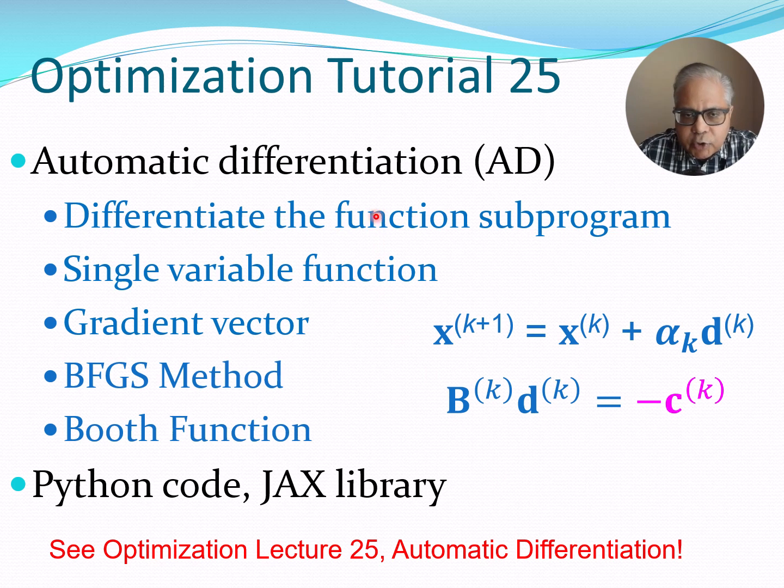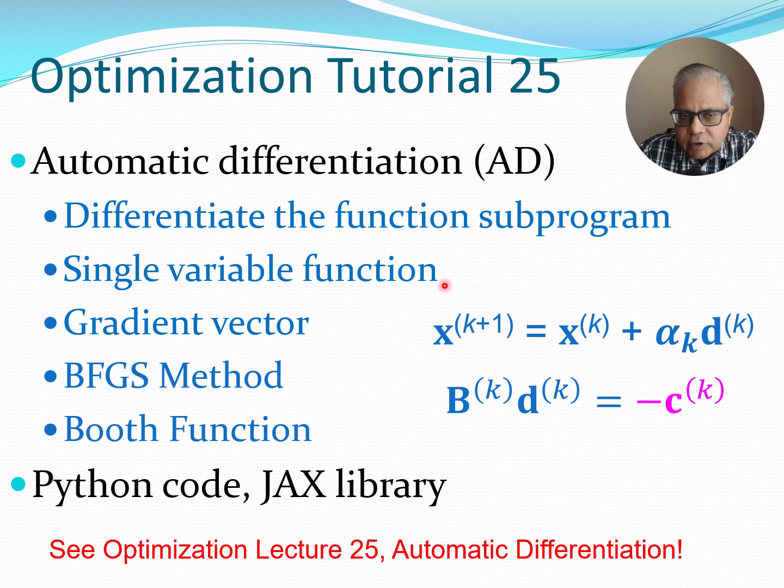Now in today's tutorial you are going to learn how to use this method to differentiate a function, and essentially what this method tries to do is that it takes a piece of code which has been written for a function calculation of the function f of x, and then it differentiates it using computer mathematics and so on.